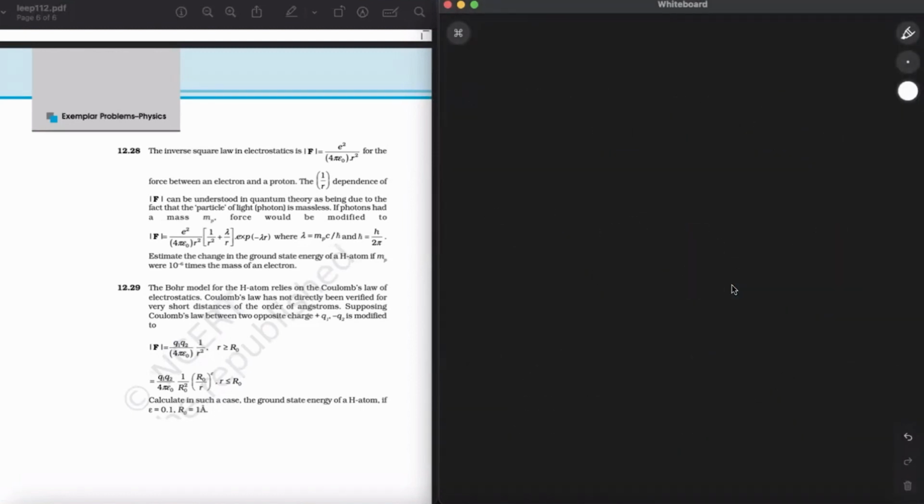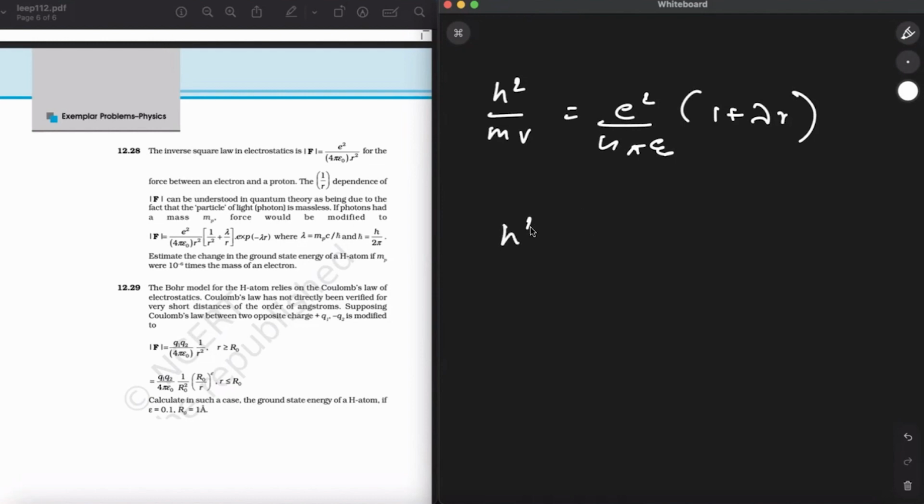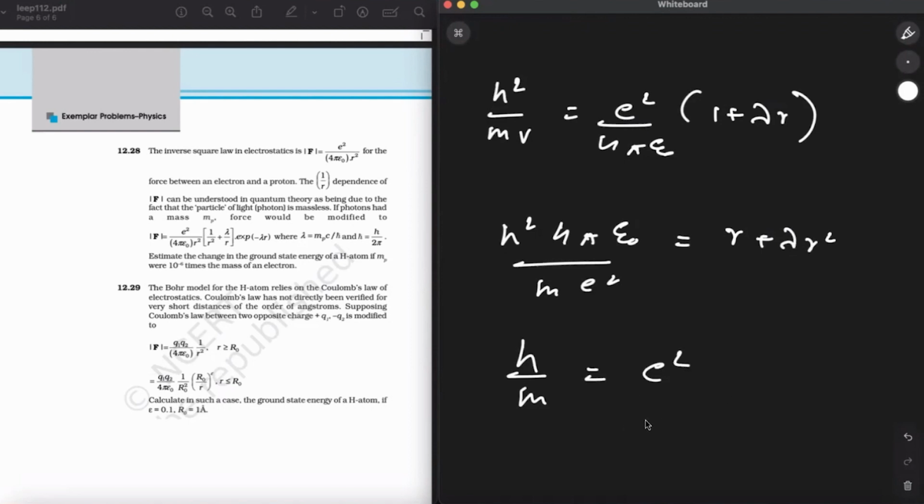Equating the forces, I'm going to get h square upon mr cubed equal to e square upon 4 pi epsilon naught times 1 plus lambda r, so h square 4 pi epsilon naught over e square will be r plus lambda r square. If I neglect the r square term and lambda equal to 0 for r equal to a, what will I get? h square upon m equal to e square upon 4 pi epsilon naught r a.